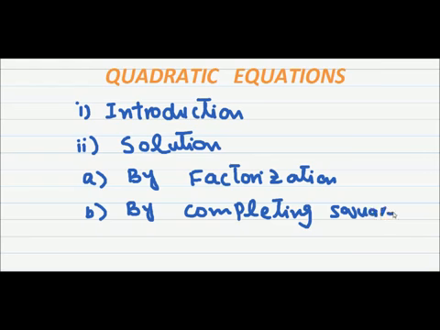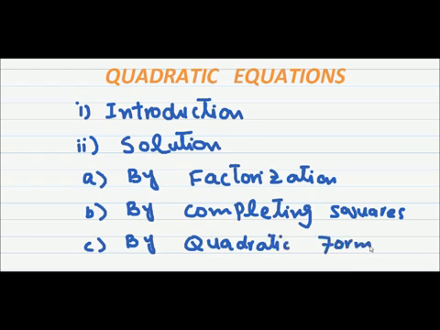And the third one is to find the solution of the quadratic equation by using the standard quadratic formula. All the methods will be discussed in detail. First of all, let's go through the introduction.